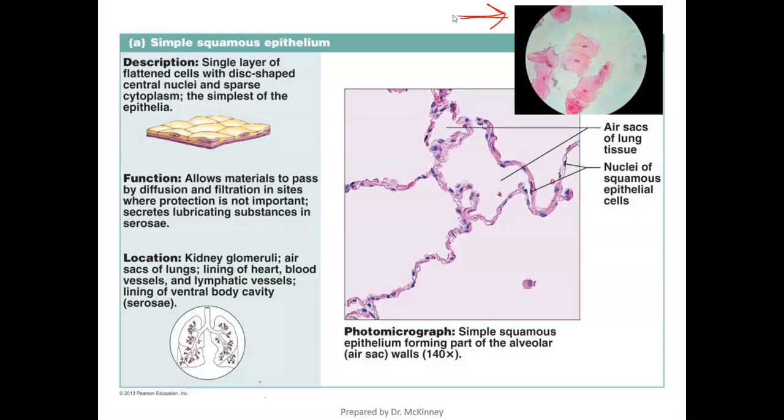And so we have taken some of the cells from the inside of the cheek and smeared them on a microscope slide, and now we're looking down on these cells, and they look sort of like little fried eggs. That's the squamous shape. They are very thin. They are scale-like.